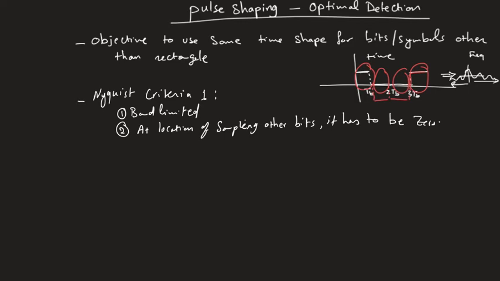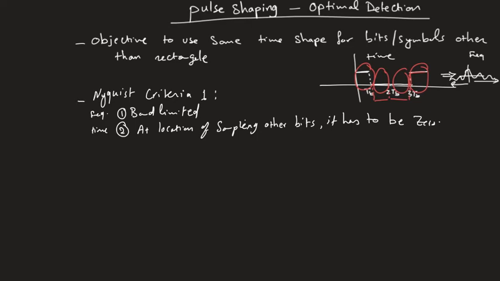Now, we want it to be limited in frequency. This is the frequency condition, and the second is the time domain condition: at the locations of sampling the other bits, the pulse shape of the current bit should not interfere, it should have a 0 value.